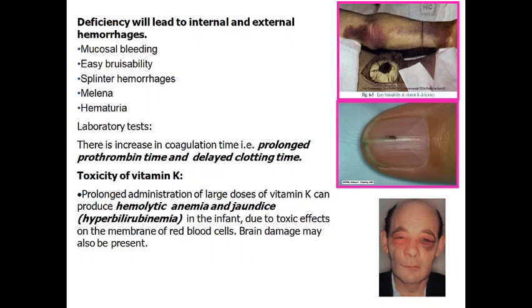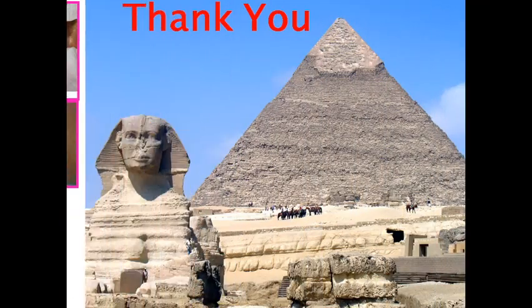So vitamin K in large doses in young infants may cause hemolytic anemia and jaundice, hyperbilirubinemia. Why? Due to its toxic effects on the membrane of red blood cells. It may cause brain damage also for such young infants if they take vitamin K in large doses and for a long time. Thank you.